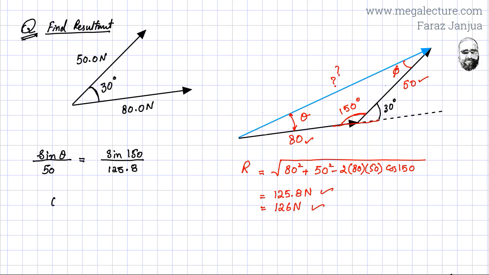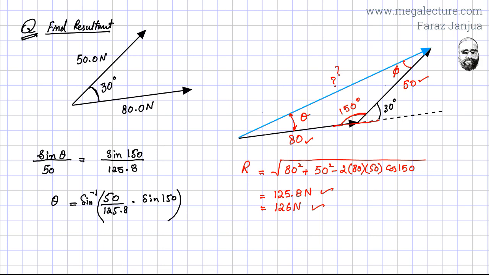So theta will be 50 divided by 125.8 multiplied by sine 150, then sine inverse of everything.